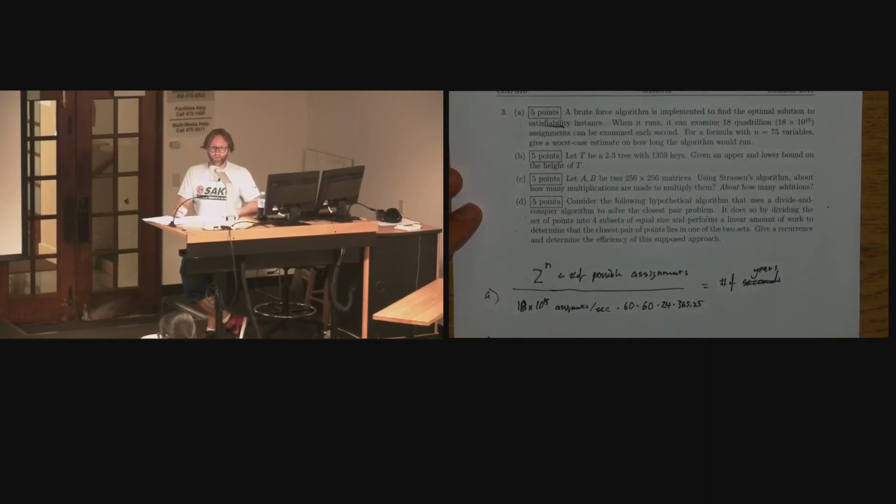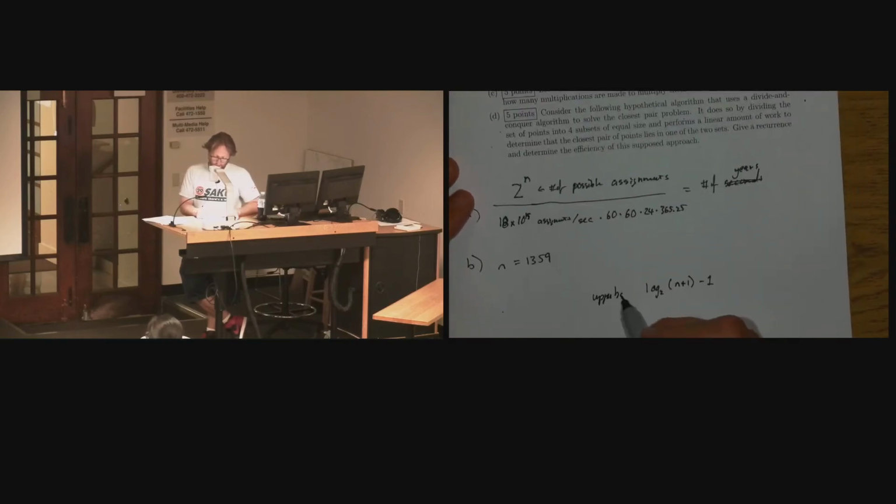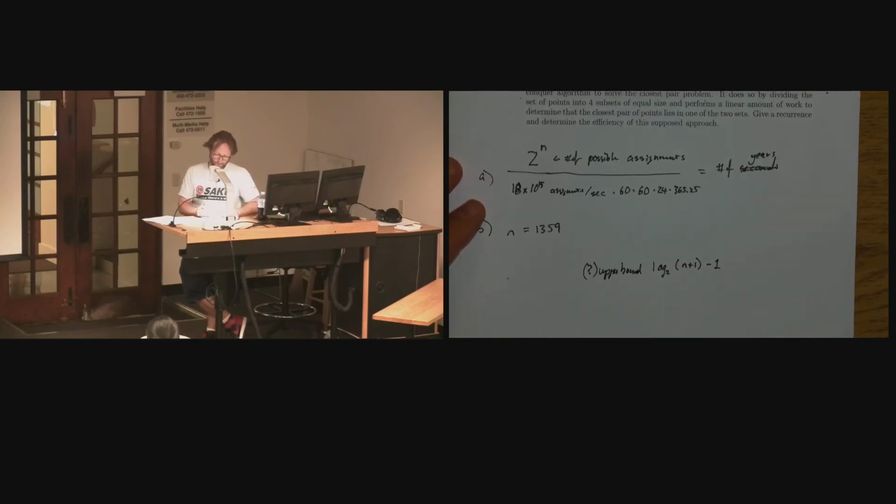I think the upper bound is going to be log base 2 of n plus 1, I think, minus 1. Right? This is the upper bound. I'll put a question mark here because, again, I don't remember what it was.